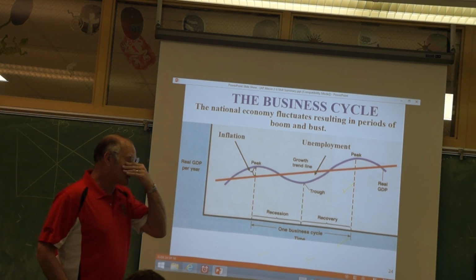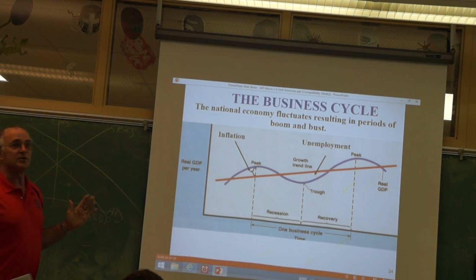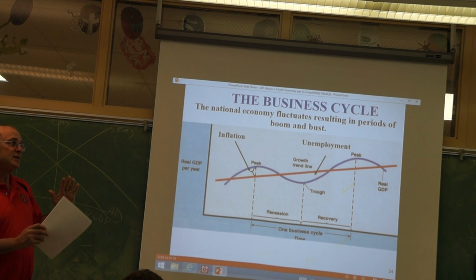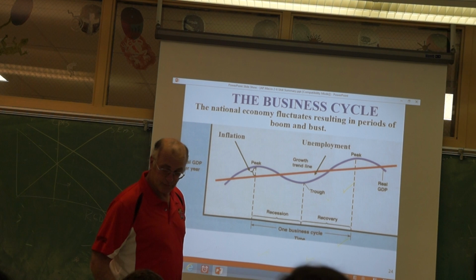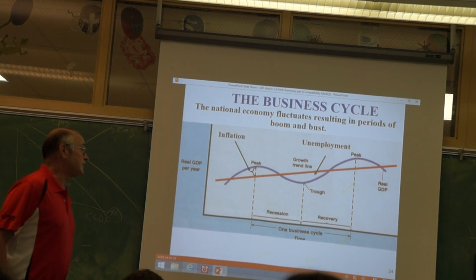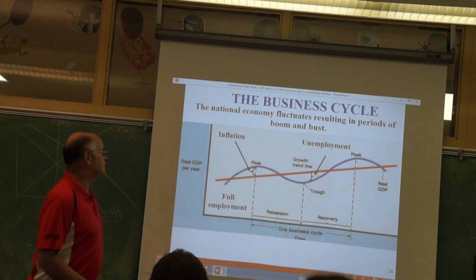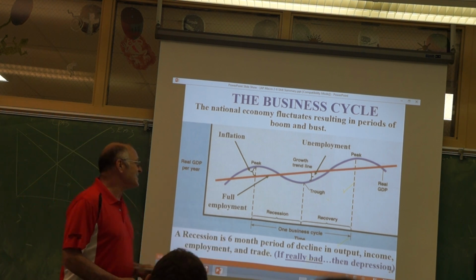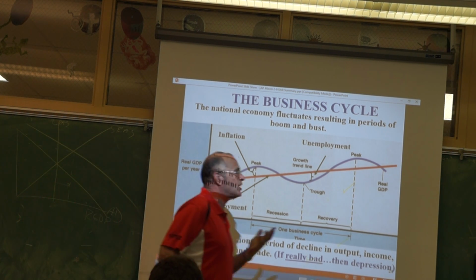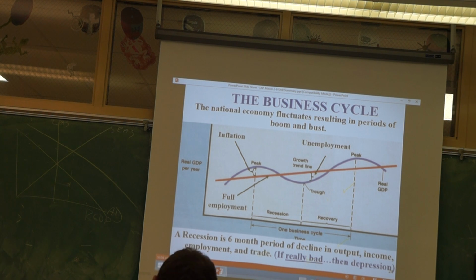If there's something happening with oil supply, that will affect the business cycle. Supply shocks, negative supply shift, lead to higher prices, lower output, stagflation. Always a favorite question on the AP exam. Okay? So there's your business cycle. And I should mention, any 6-month period of decline is generally called a recession. And if it's just a horrible decline, then we get a depression.